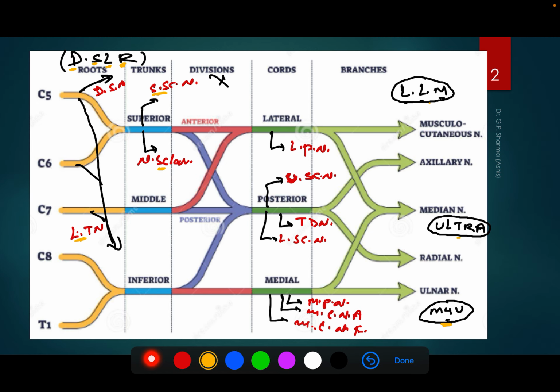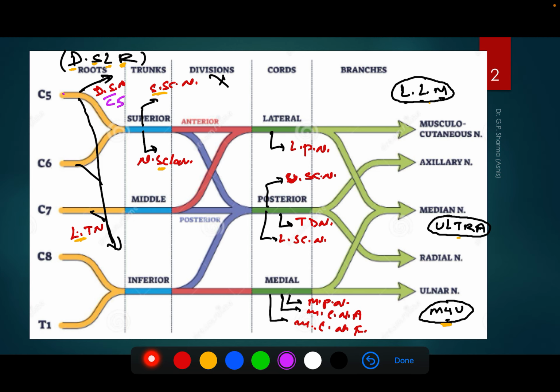Now let's see these root values. See, the dorsal scapular nerve is coming from only one root. This dorsal scapular nerve is coming this way, so this should be C5, right?